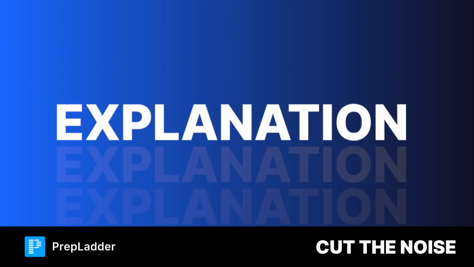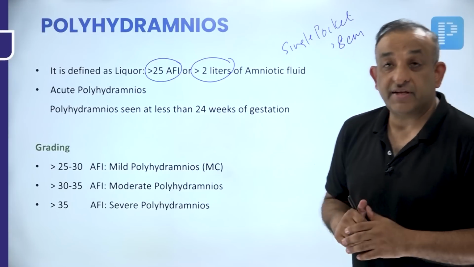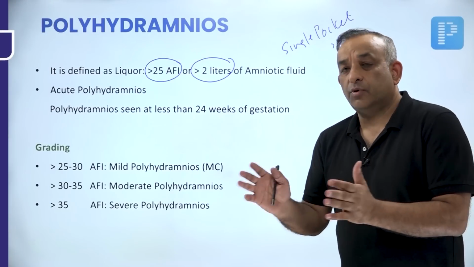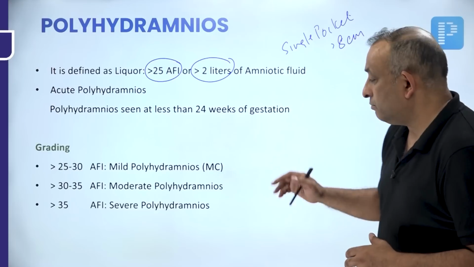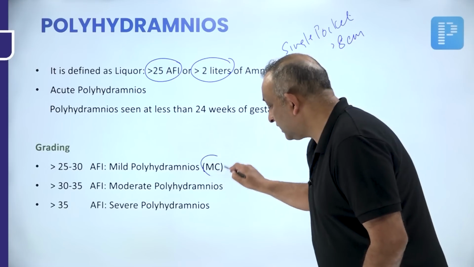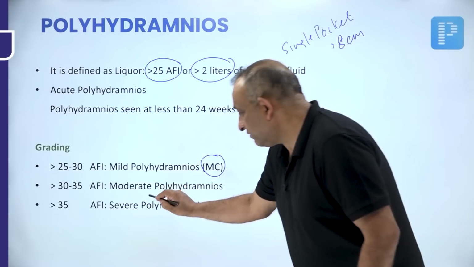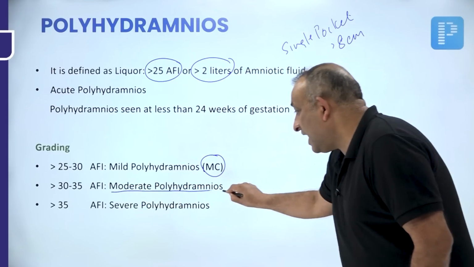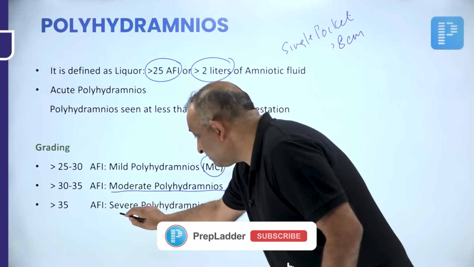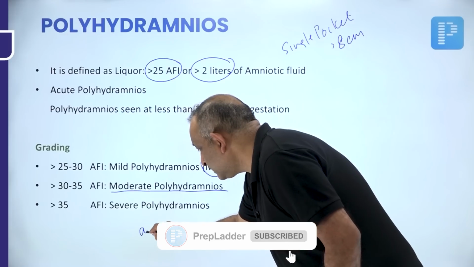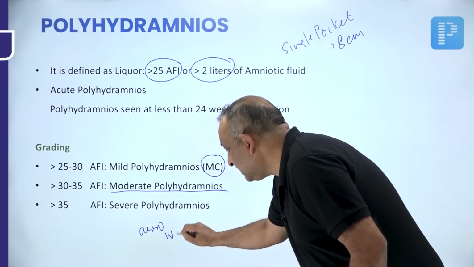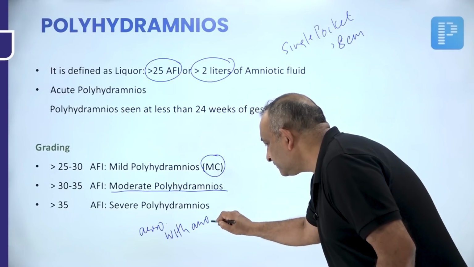Here's the explanation. Now, what is the grading of the polyhydramnios? If it is just more than 25, that is what is known as the mild polyhydramnios, and that is the most common type of polyhydramnios. 30 to 35 is the moderate polyhydramnios, and more than 35 is the severe polyhydramnios, and it is mostly associated with anomalies.